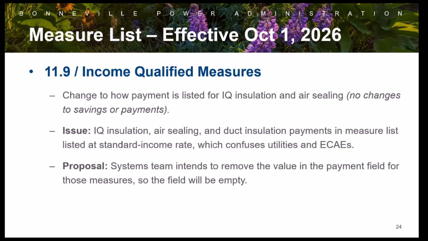So the proposal, after working with our systems team, is to remove the value in that payment field for those three measures, and so that field will essentially be empty. Again, no changes in how you'll be reimbursed at what level, and no changes to savings, but that's just how it'll appear in the measure list.